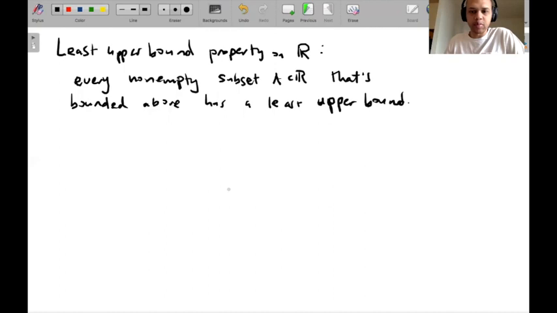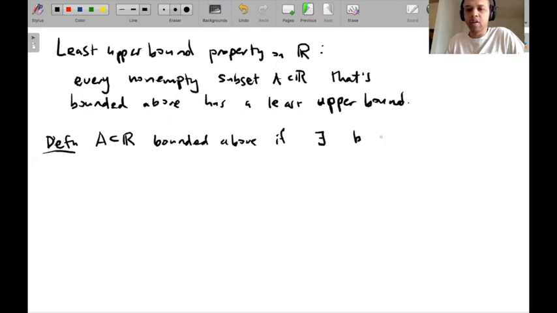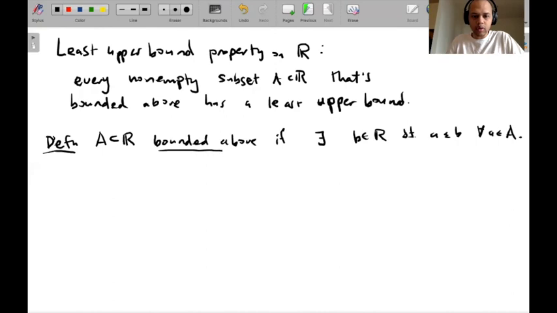Okay, so there's some terminology I need to explain. We say A, a subset of R, is bounded above if there exists some number B so that a is less than or equal to B for all a in A. Sorry, let me finish the definitions, then talk about examples.